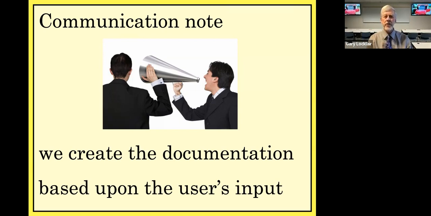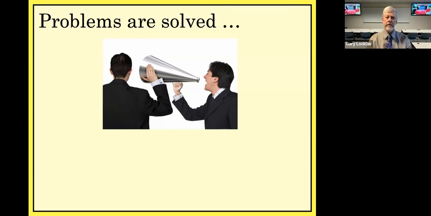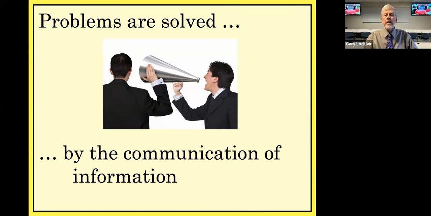They know what a good solution looks like and does. And when they're part of the team, it's easy to communicate. This is something I emphasize in my other classes. How are problems solved? In general, but specifically in computer science, problems are solved by the communication of information.